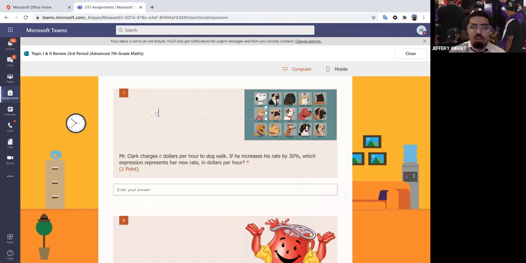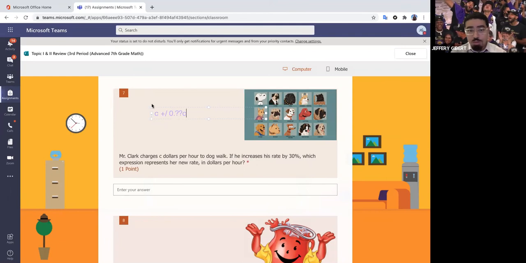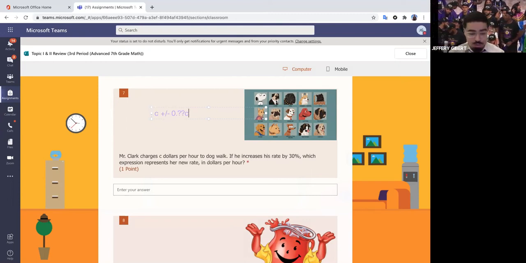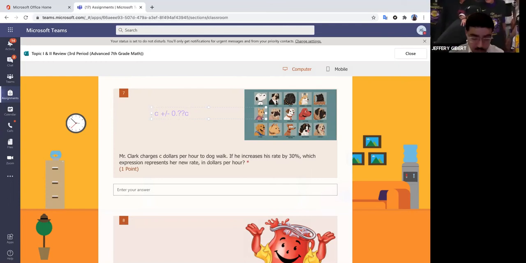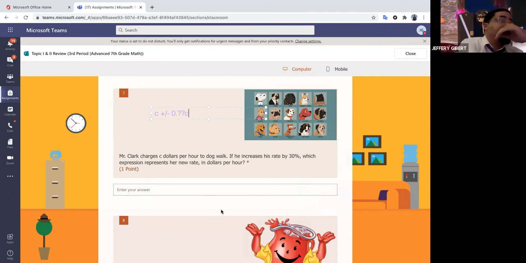So C plus or minus some 0 point something something C. I'll give you all 30 seconds to figure out what it's supposed to be. You decide whether it's plus or minus 0 point something something C. Look at problem 5 and problem 6 if you need help, because it's very similar to the equation they have in question 5 and question 6.